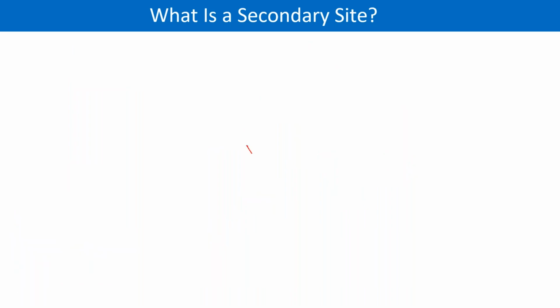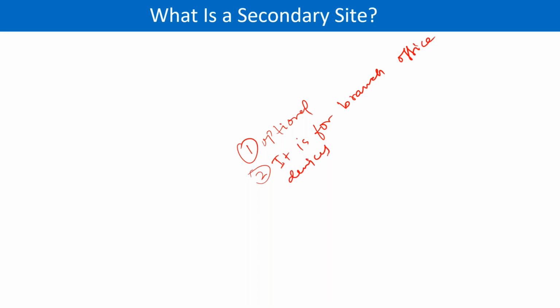So point number 1, it is an optional site, as I mentioned earlier. Point number 2, it is for branch office computers, branch office devices. So we will be installing a secondary site to manage branch office devices.